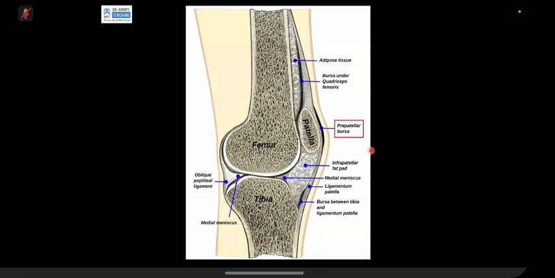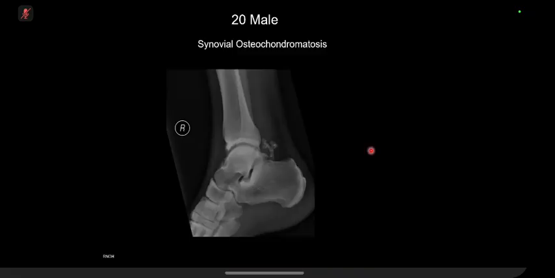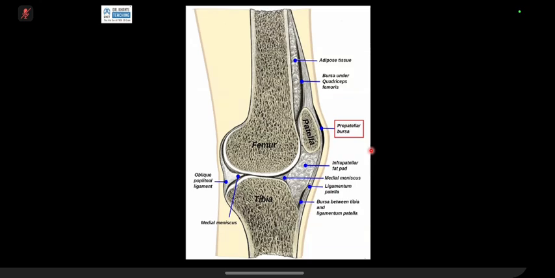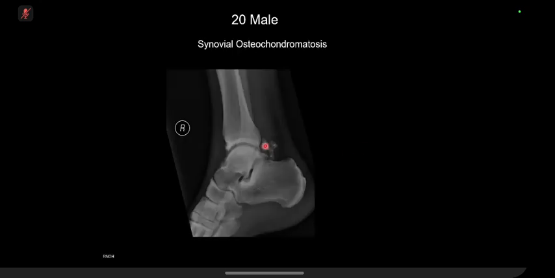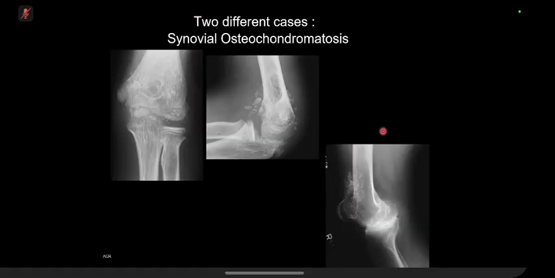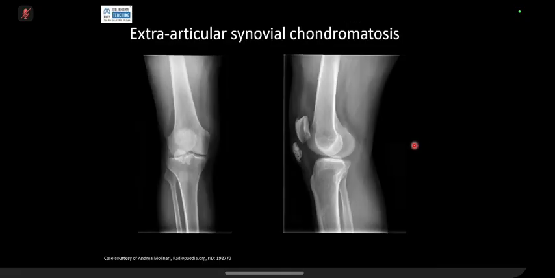And though it is extra-articular, just like synovial chondromatosis can happen within the joint, as in this case around the elbow and the knee, it can also occur outside. Anatomy is the key thing. This is from Radiopaedia, another case of extra-articular synovial chondromatosis. It was a simple case, but the concepts of anatomy and pathophysiology are what this case was about.